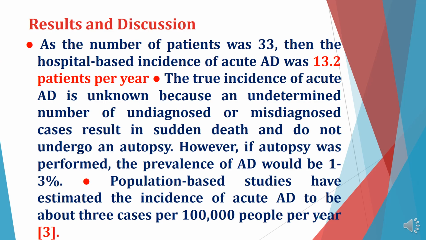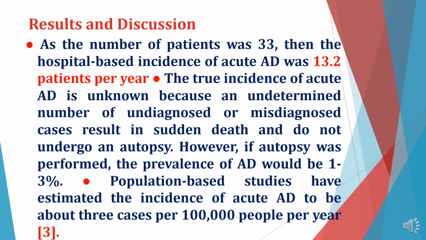Results and discussion. As the number of patients was 33, the hospital-based incidence of acute aortic dissection was 13.2 patients per year. The true incidence of acute aortic dissection is unknown because an undetermined number of undiagnosed or misdiagnosed cases result in sudden death and do not undergo an autopsy.